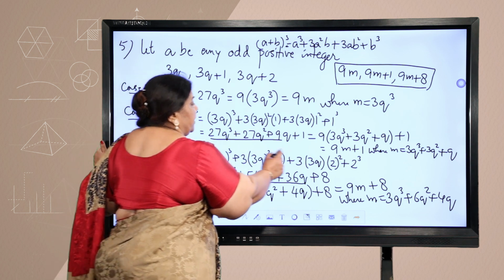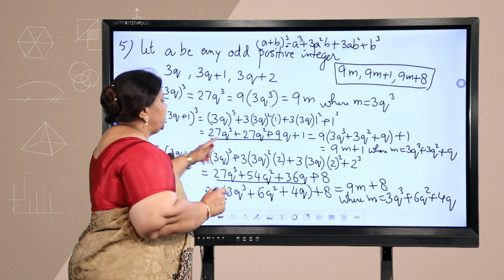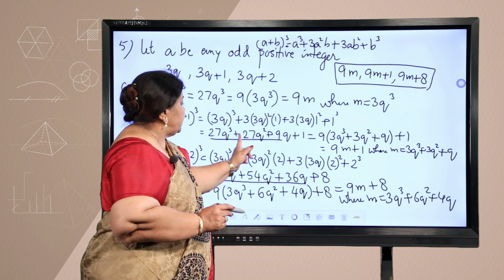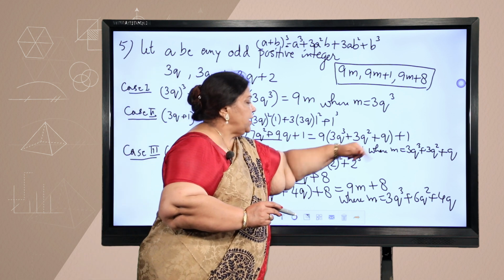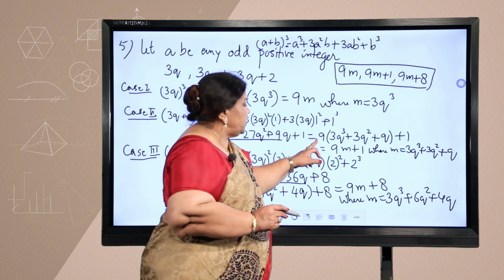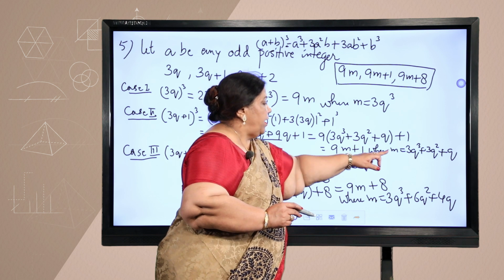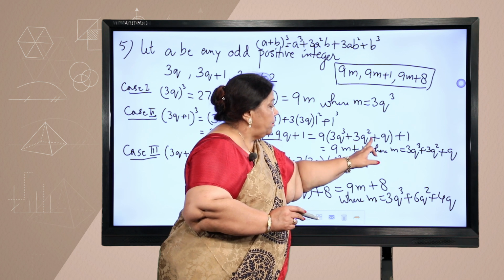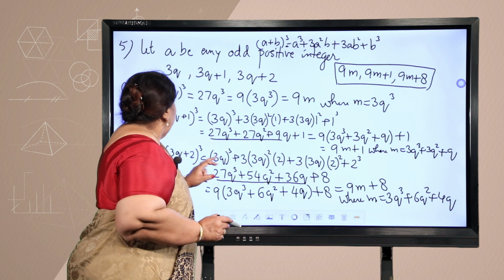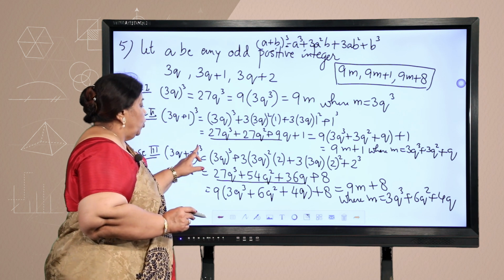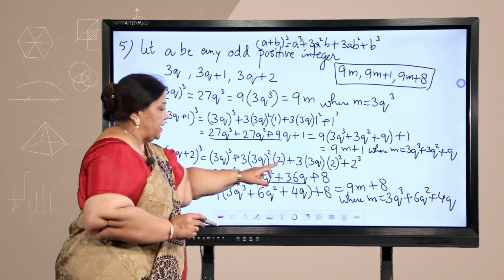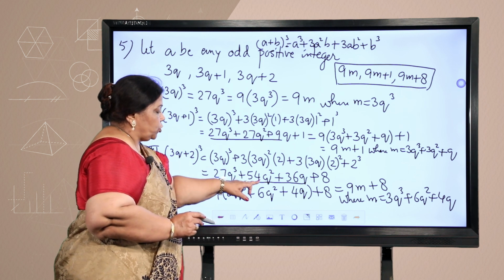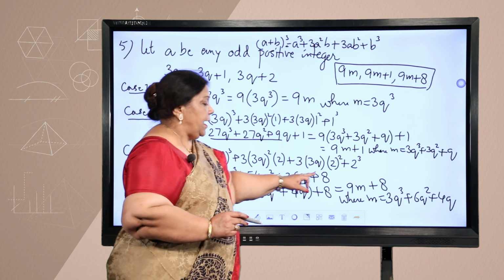Notice that I can take common as 9 in the first 3 terms, which gives me 9 into 3q cube plus 3q square plus q, plus 1. That means I can express it as 9m plus 1, where m is equal to 3q cube plus 3q square plus q. In the third case, 3q plus 2 whole cube, in the same way we have expanded and we have got 27q cube plus 54q square plus 36q plus 8.